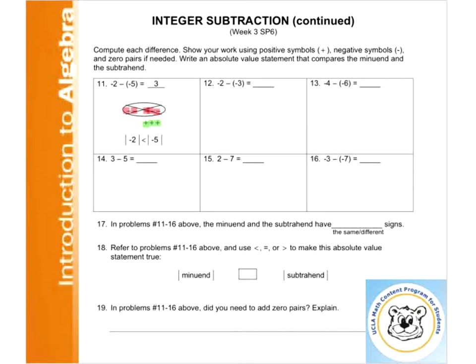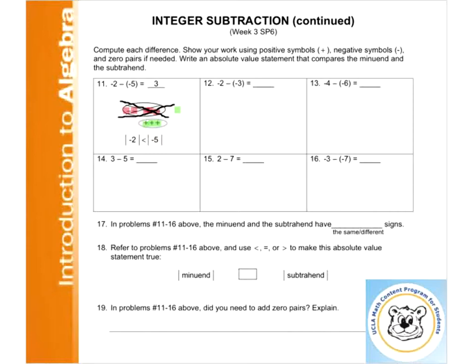So it says here subtract 5 negative markers. Well, here's 1, 2, 3, 4, 5 negative markers. And what I'm left with is 3 positive markers. Now I added an additional zero pair, and I think students might do that in the beginning because they're not really sure how many zero pairs they're going to need.